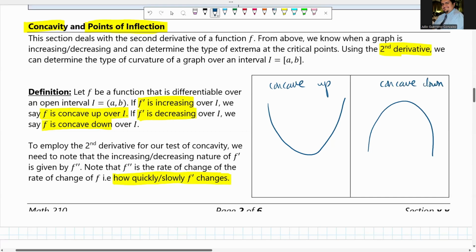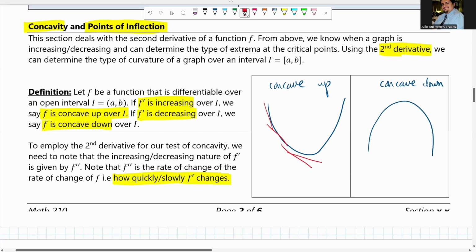Okay. What I want everybody to look at is the slopes of the tangent lines as we go across each one of these shapes. Okay, so notice what happens here, right? These slopes for concave up, they are all negative, yes?